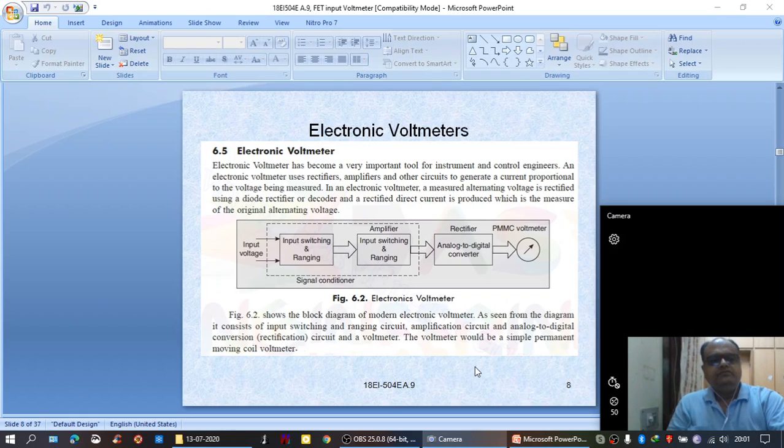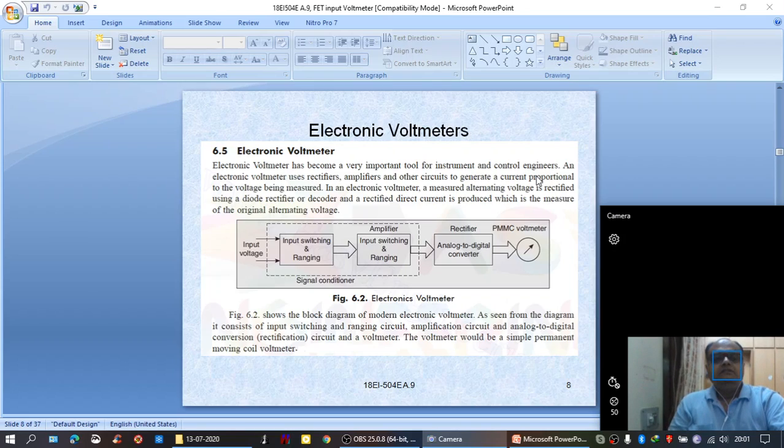Control of the variable. Where in an industry? For what? To ensure the quality of the product, or even for safety purpose also. Measurement is necessary. Only when measurement is done, we can do control.